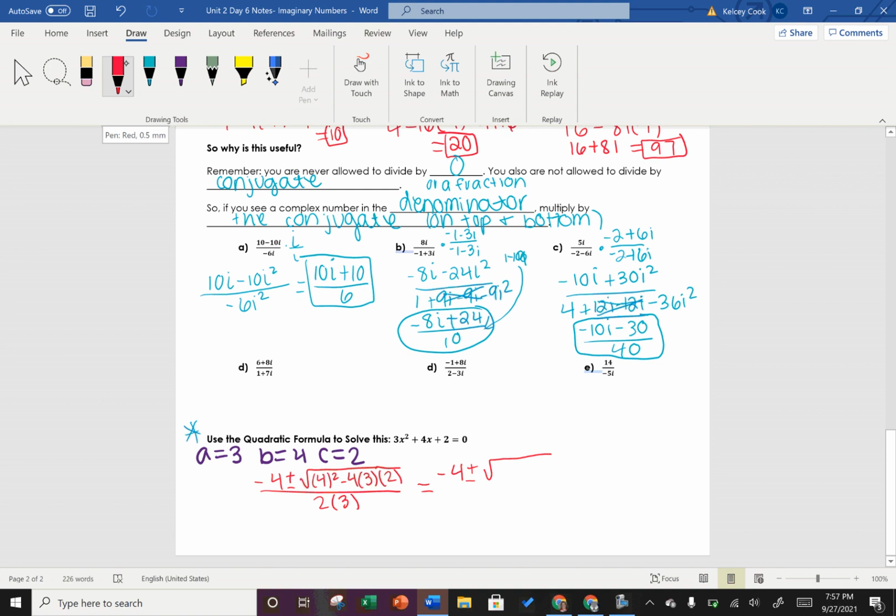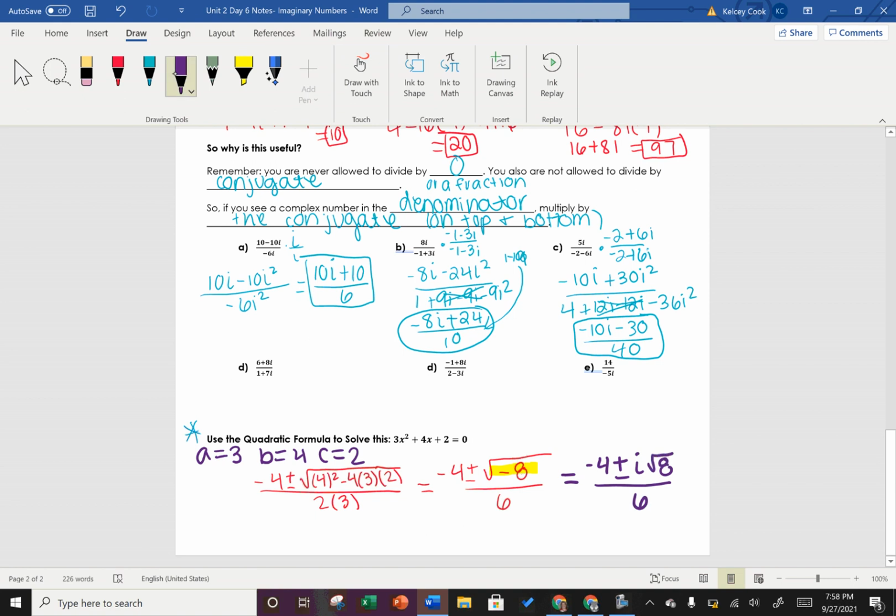So that's going to be negative 8 over 6. When you put the square root of negative 8 in your calculator, it's going to say non-real numbers because it is imaginary. So what we can do is pull out the negative to make it negative 4 plus or minus i square root of 8 all over 6.